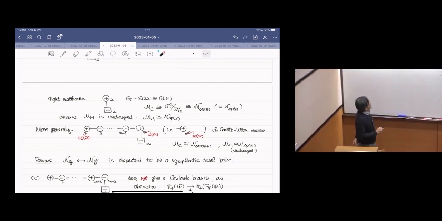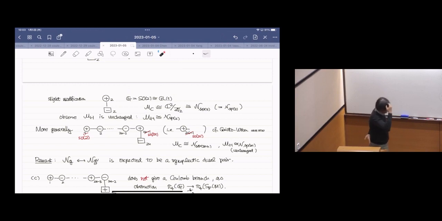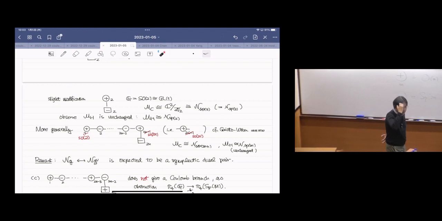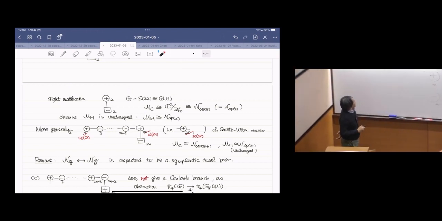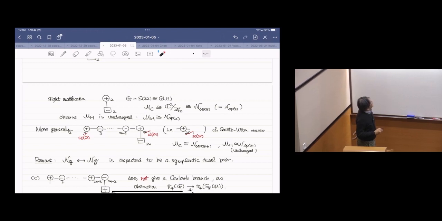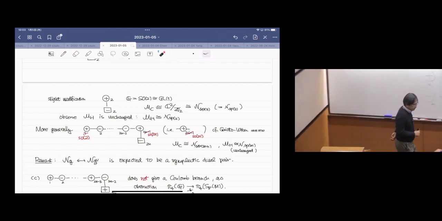But it is a consensus that the nilpotent cone for G and the nilpotent cone for the Langlands dual group are symplectic dual to each other. So anyway, I think this modification is correct in that sense.